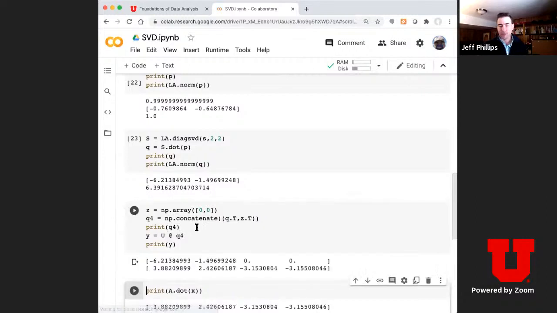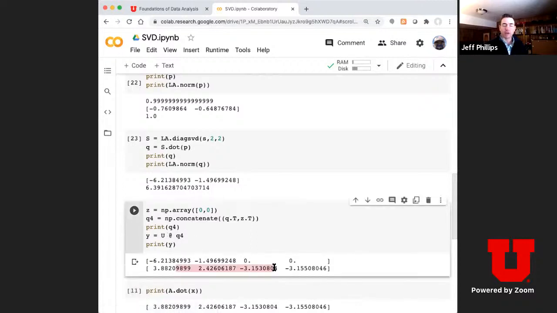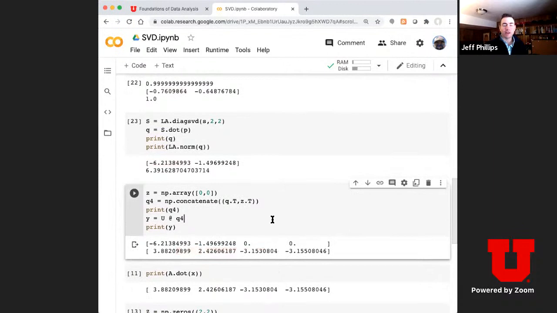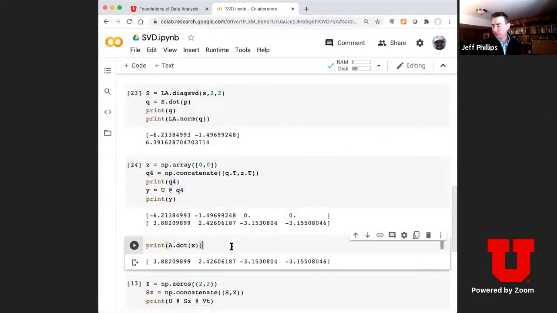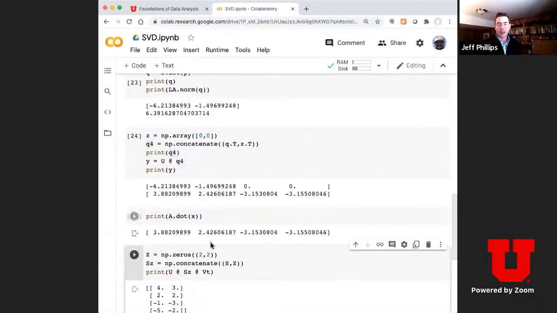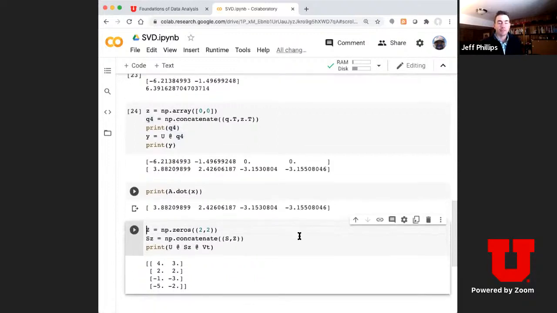And if I see Q4 I've printed down here, now it has 2 more zeros on it. Now I multiply that by U, and I'm going to get back this vector Y. This should be the end result of A times X. Let's check that. I take X again, and I multiply it directly by A, and I get back the same vector. So that's great.